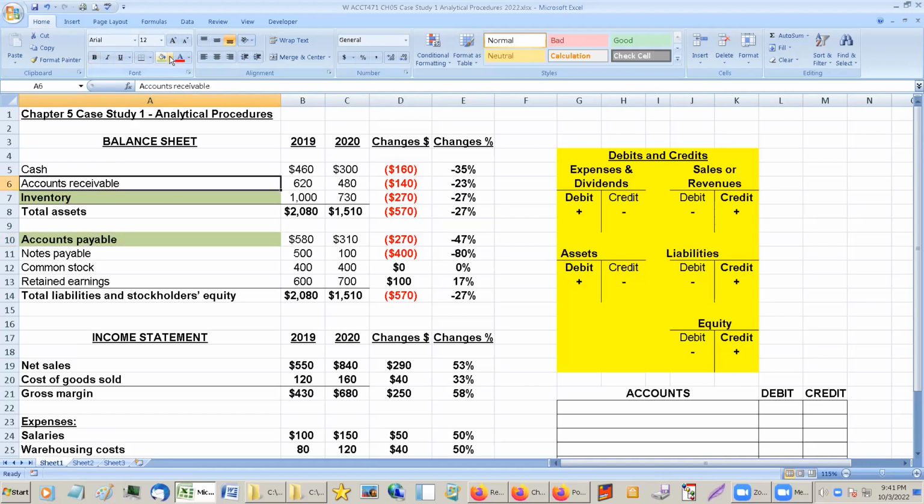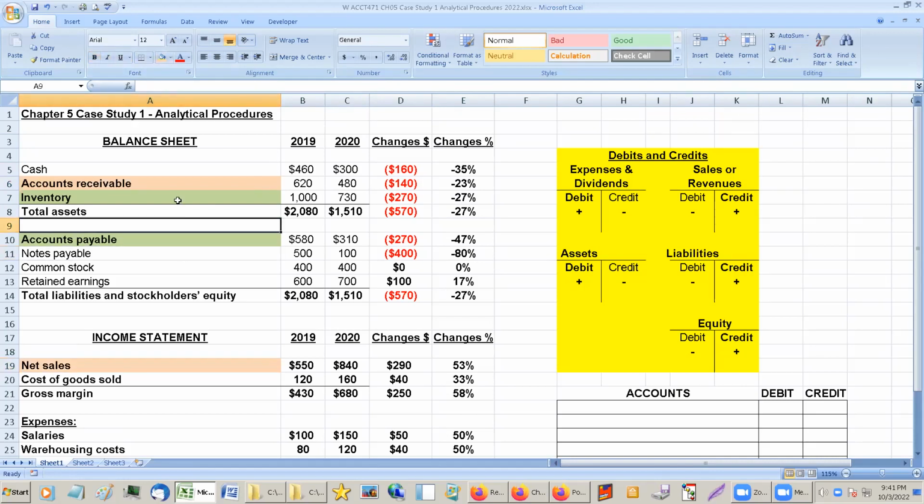So those two go together. A lot of times you'll have the accounts receivable and sales go together, and you'll notice they really don't. So inventory should be going up, and the accounts payable really dropped.